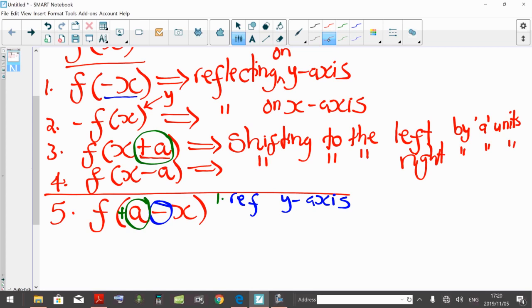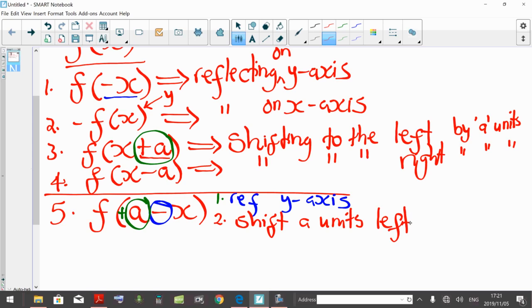And then step 2, we shift. Since our a is positive, we're shifting a units to the left. Remember, when it affects x, it always does the opposite of what it seems.